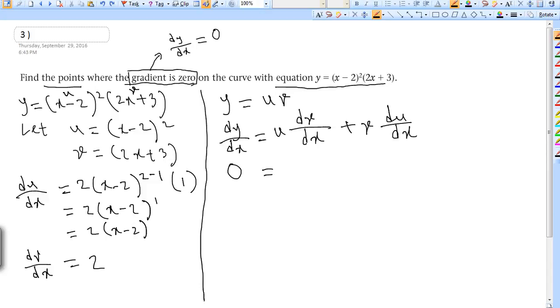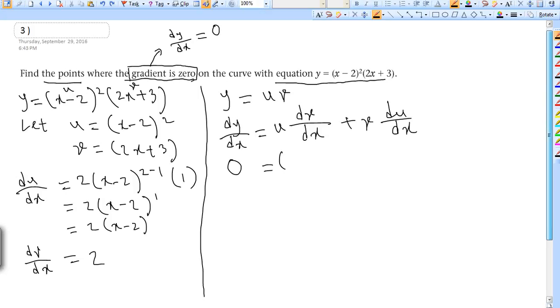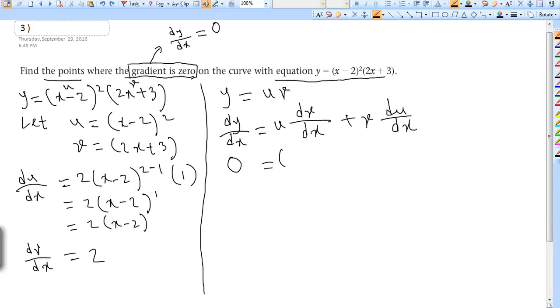The value of u is (x minus 2) whole square, and the value of dv by dx is 2. Let us substitute the value of v, which is 2x plus 3, and the value of du by dx, which is 2x minus 2.